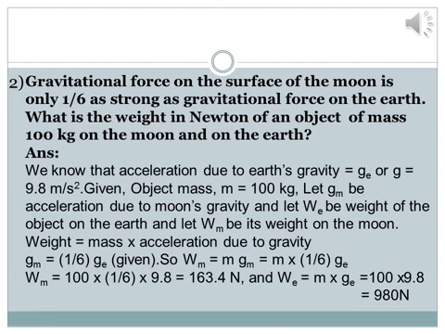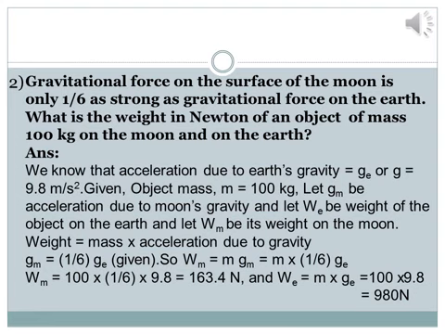Here, given that mass of the object m is equal to 100 kg. Let Gm be acceleration due to moon's gravity. Let We be weight of the object on the earth, and let Wm be its weight on the moon.